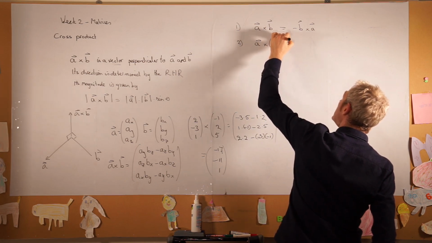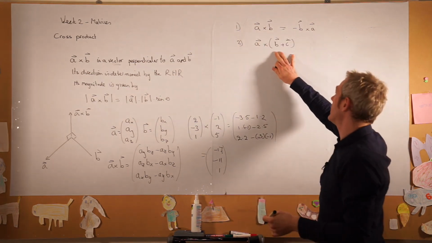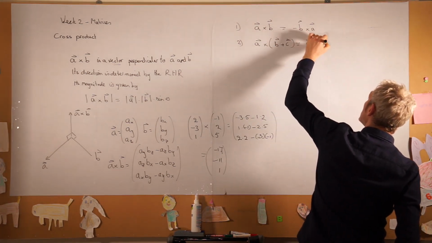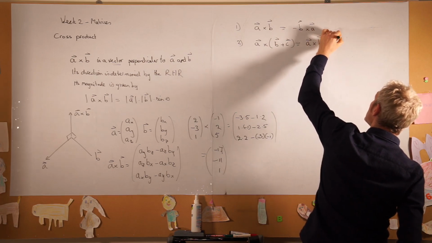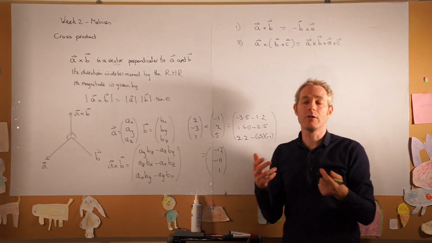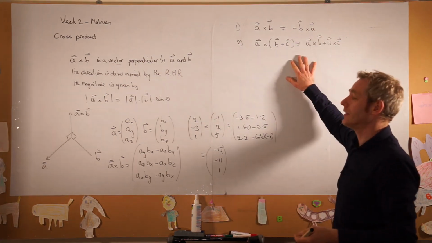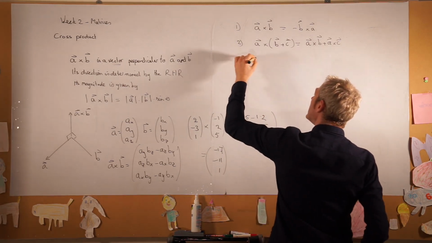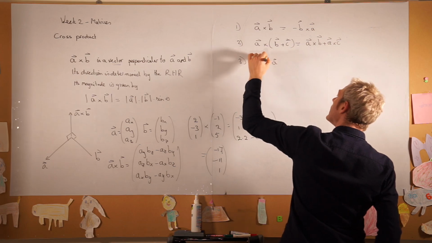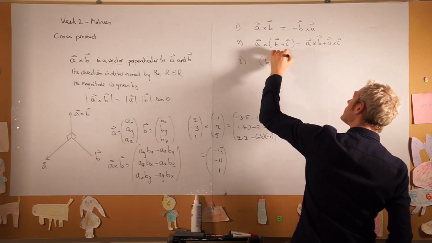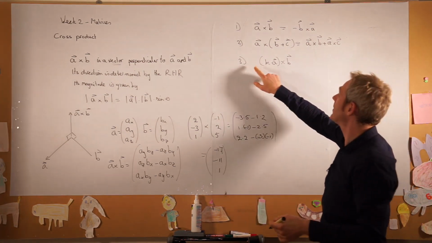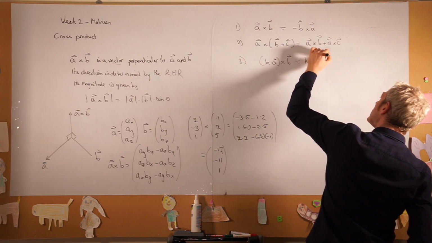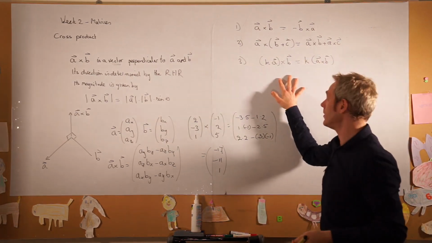If we have a cross product with a sum between parentheses, A cross (B plus C), this can be written as A cross B plus A cross C. And there are some other properties in combination with an inner product that are written in the book. We also have that if we have a constant times a vector and take the cross product with another vector, we can take this constant and move it in front of the cross product. And this is something that is used by the book a lot.